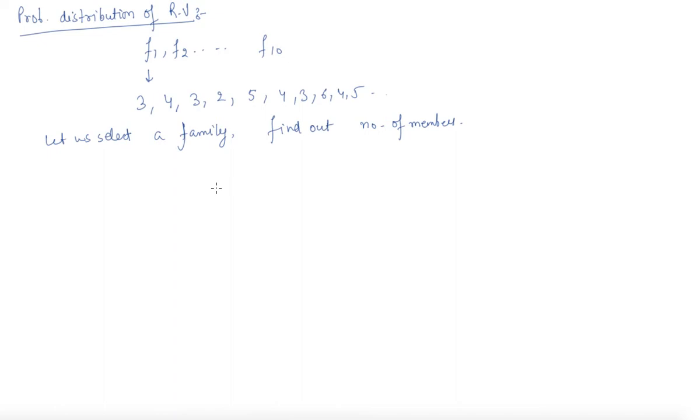The number of members is denoted by x. So let's say the number of members in family number 1 is 3, and x of f6, let's say it is 4.